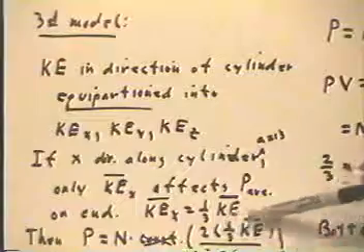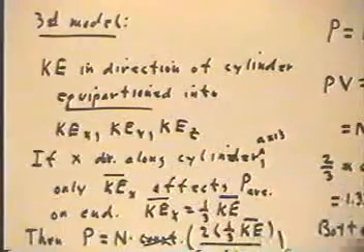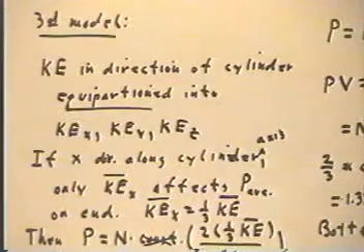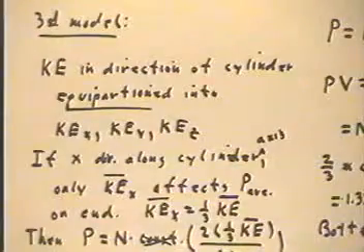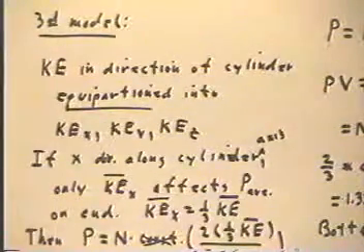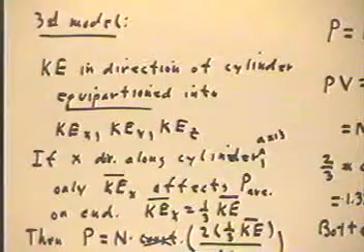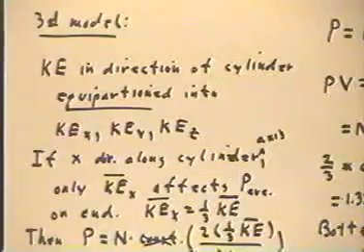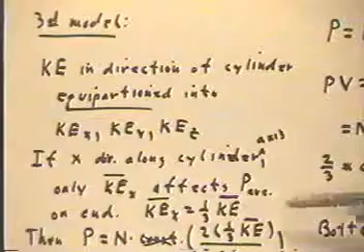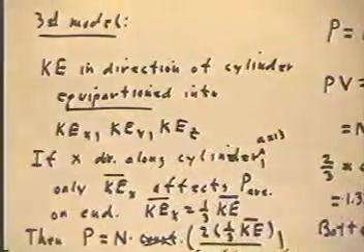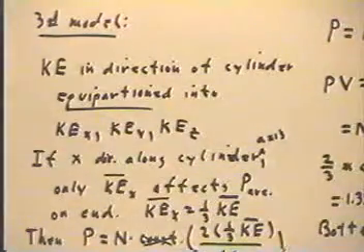Now notice we're talking about the average kinetic energy of a molecule and not the kinetic energy, because as you see from the billiard ball simulation, these molecules are going to change velocity as they collide. Some are going to pick up velocity, some are going to lose velocity. They're not all going to stay at the same velocity. They're not all, therefore, going to have the same kinetic energy.